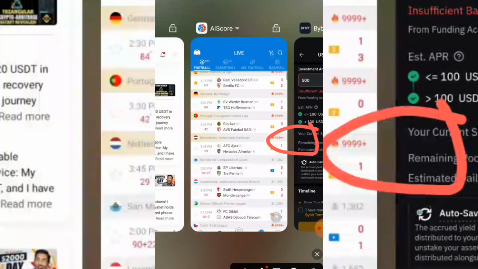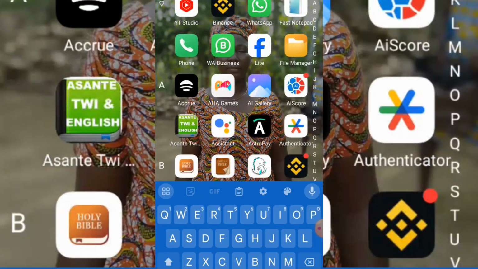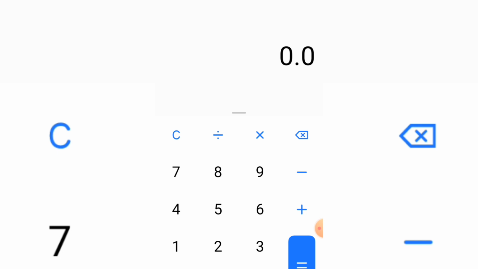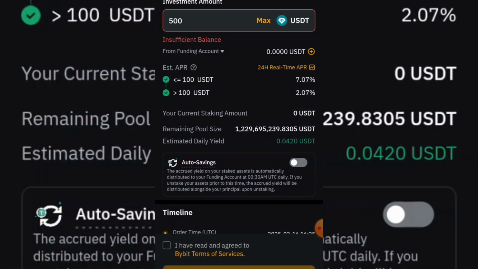So let's do a calculation and see how much you will make at the end of 1 month. 0.04 multiplied by 30 days. That's $1.2. That means if you invest $500, you get about $1 added to your currency.